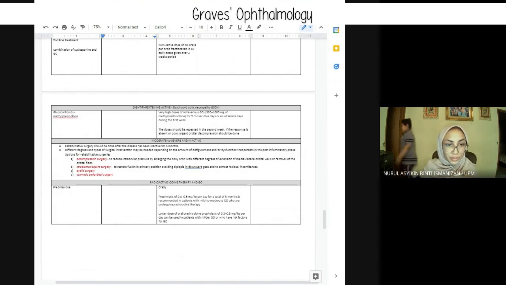And then a lower dose of oral prednisolone prophylaxis of 0.2 to 0.3 milligram per kilogram per day can be used in patients with moderate GO or those who have risk factors for GO.